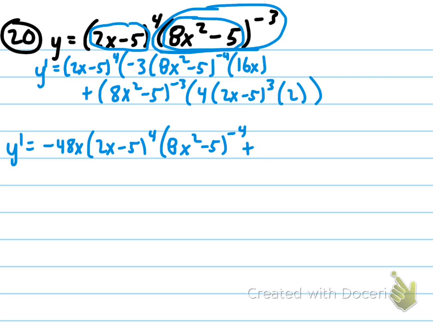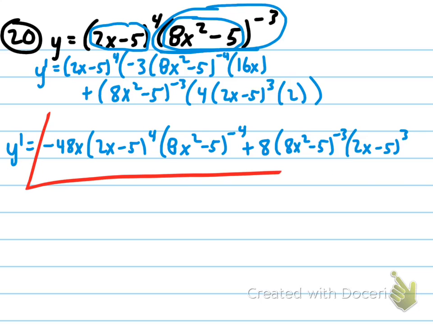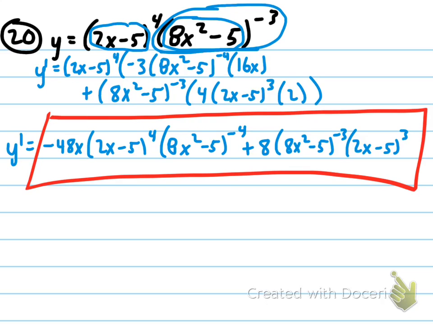Plus 4 times 2, which is 8, multiplied by the 8x squared minus 5, and what was that raised to? Negative 3. And then that gets multiplied by the 2x minus 5 to the third. And that's pretty ugly. Nevertheless, that is the answer. And that's it.